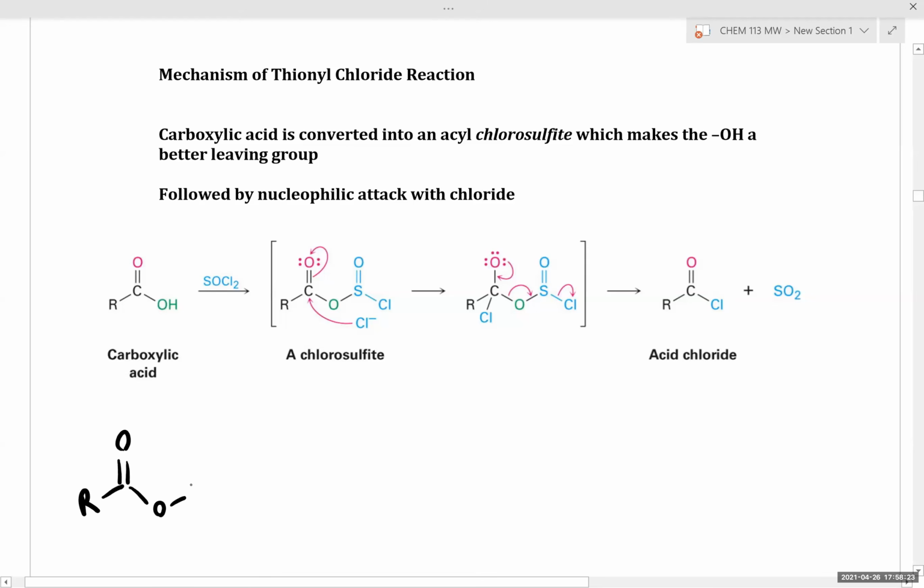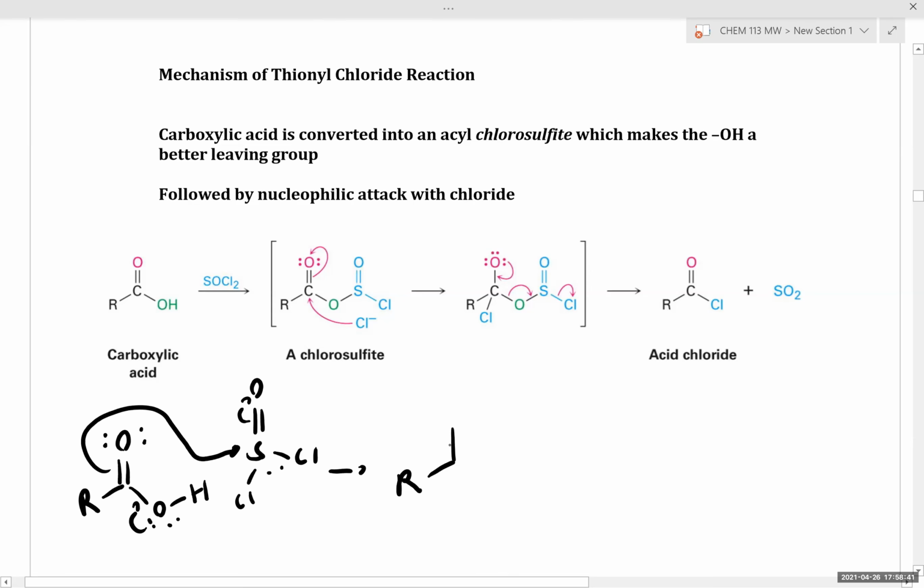First, you have your carboxylic acid, and thionyl chloride has a highly electrophilic sulfur atom. Your carboxylic acid will attack your electrophilic sulfur atom, and interestingly enough, we'll see a mechanism that closely reminds us of carbonyl substitution reactions, where we make this highly substituted intermediate, which then collapses to kick out our leaving group.